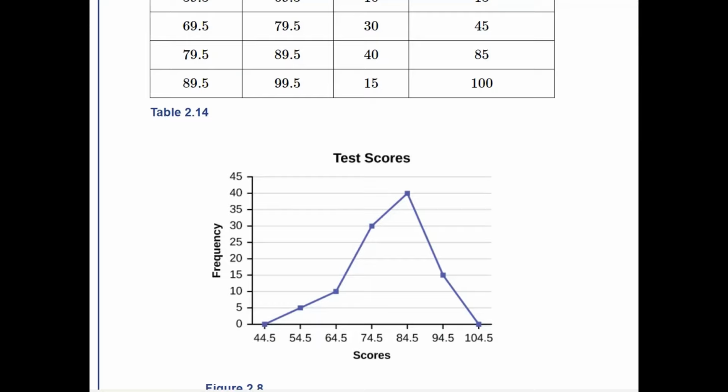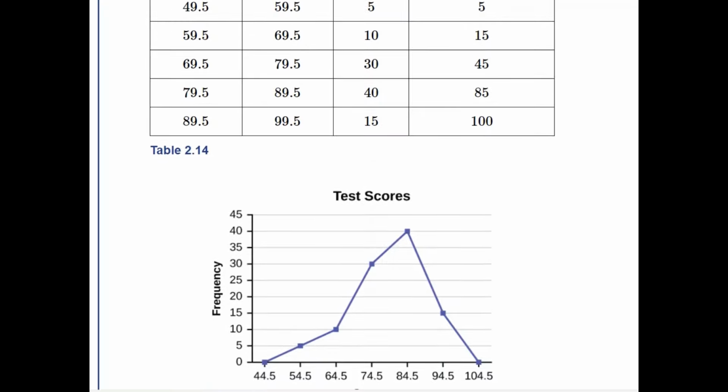So we get 7 points from 44.5 to 104.5. You can verify all other middle points from the other intervals. And the corresponding data points are the frequency.